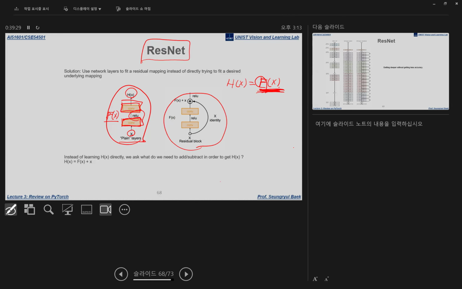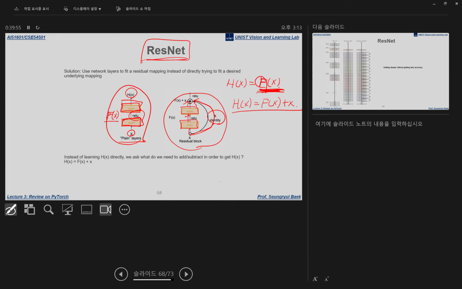But this is the residual network mainly used for ResNet, okay? And what they do is, besides this main path, they have an additional path that copies this input. And this is the new H(x) now.